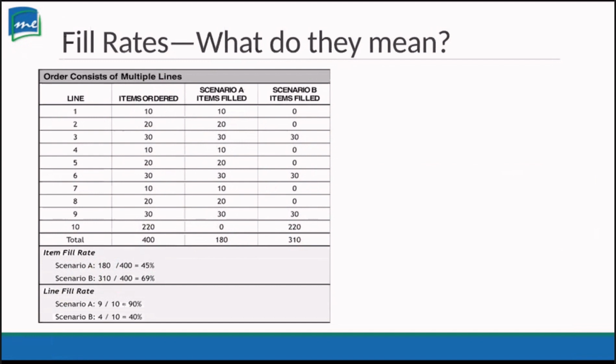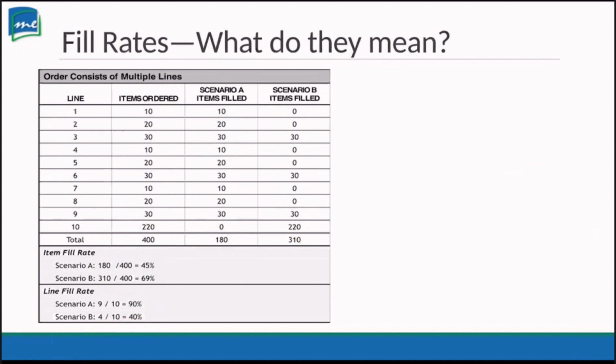For the line fill rate, we focus on how many lines you fill. For scenario A, it fills 9 lines, so we use 9 divided by 10, which is 90%. For B, it only fills 4 lines, so we use 4 divided by 10, which is 40%.